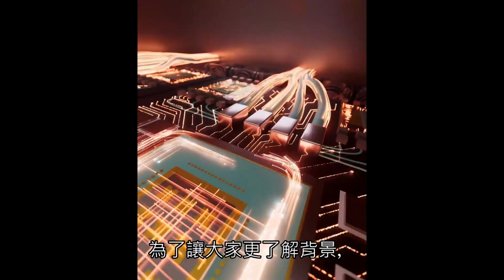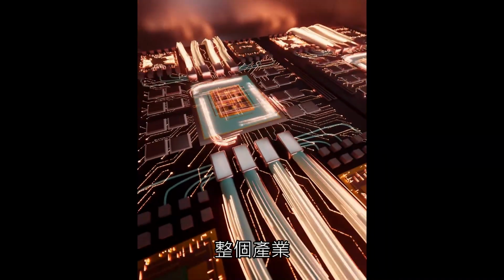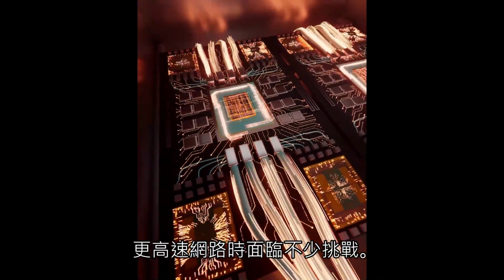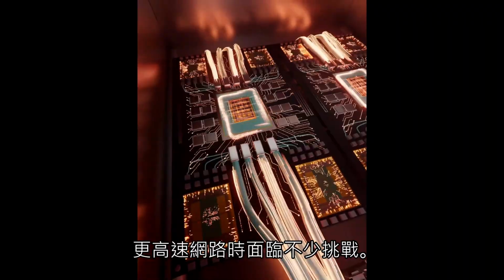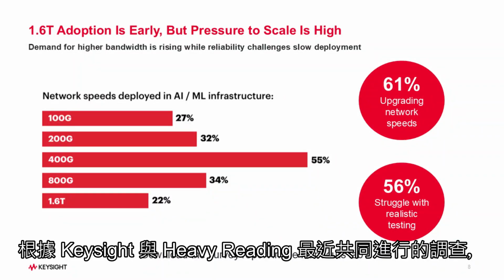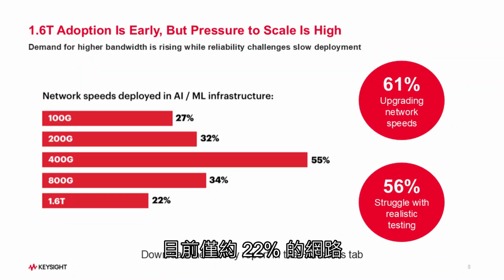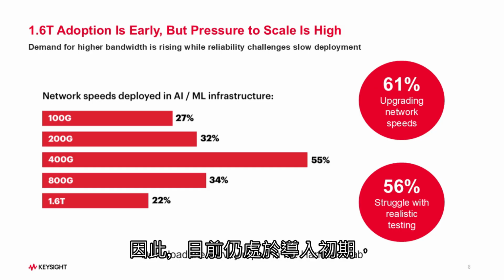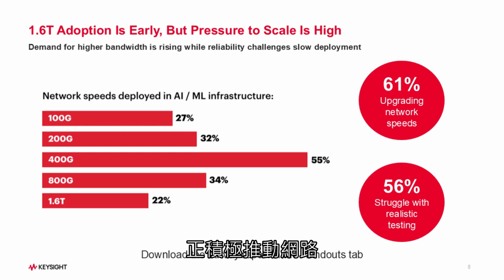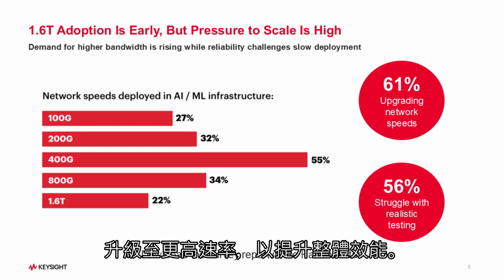Now, to put this in context, we're seeing some issues being reflected across the industry as operators try to move toward faster networks. In a recent survey conducted by Keysight and Heavy Reading, we found that only about 22% of networks are deploying 1.6T today, so adoption is still fairly early, but over 60% of organizations are actively driving network speed upgrades to improve performance.